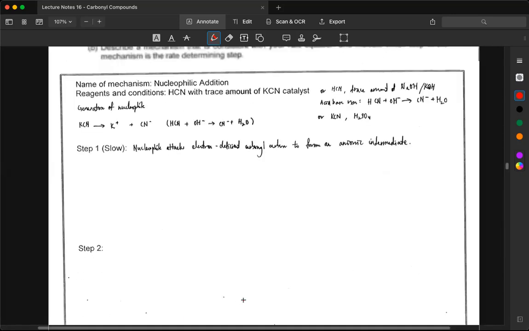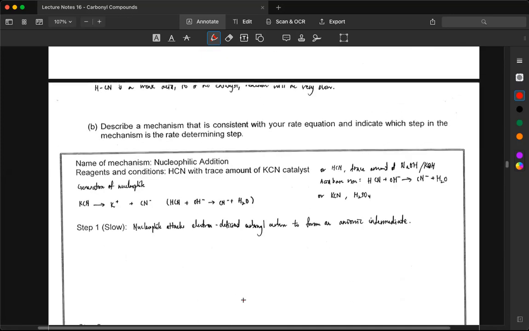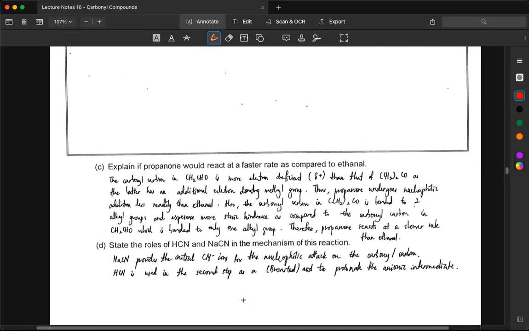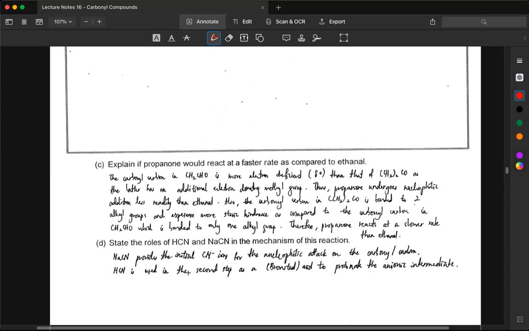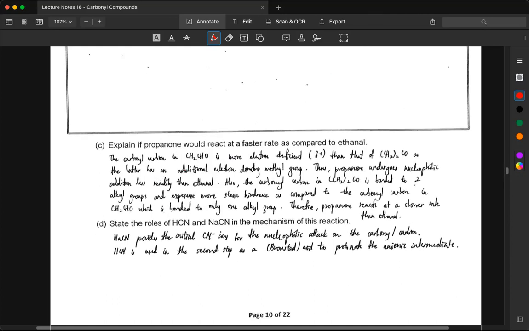Now, the next question asks why propanone will react at a slower rate compared to ethanal. Propanone is the ketone, ethanal is the aldehyde. The carbonyl carbon in the ketone is less electron deficient, as the latter has an additional electron donating methyl group.